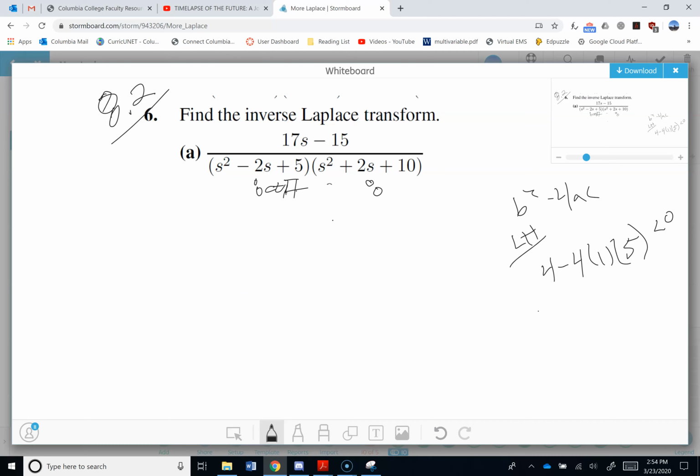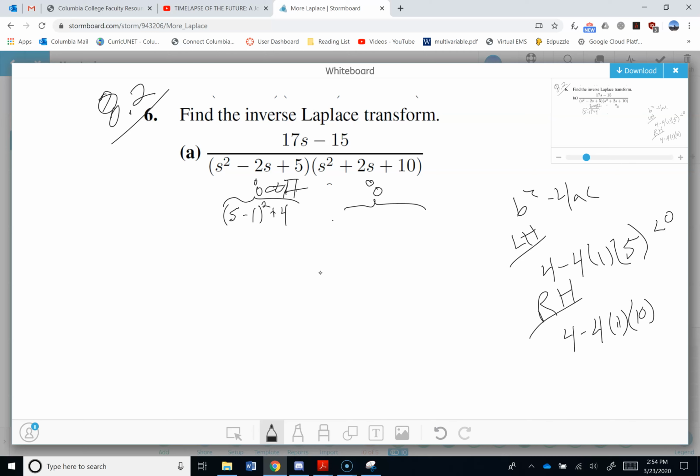The other one, the same thing holds. The right-hand one is 4 minus 4 times 1 times 10. Similar issue. So that makes this completing the square into s minus 1 squared plus 4, and that makes this one s plus 1 squared plus 9.